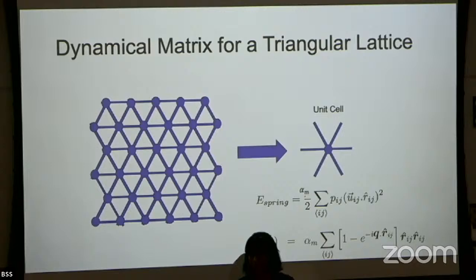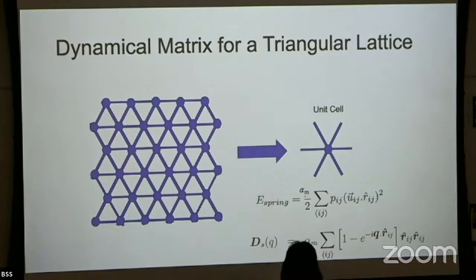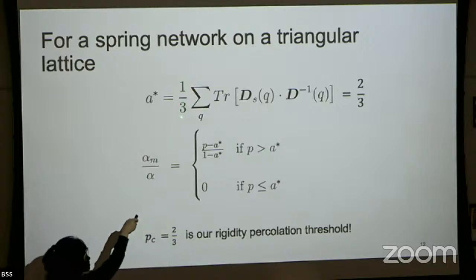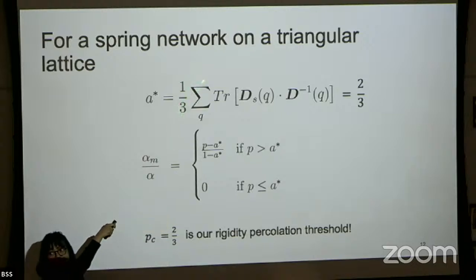Well, no, you will not get 2/3, because where is the dynamical matrix I wrote down? The prefactor here is D by Z. And D by Z for a triangular lattice is 1/3.